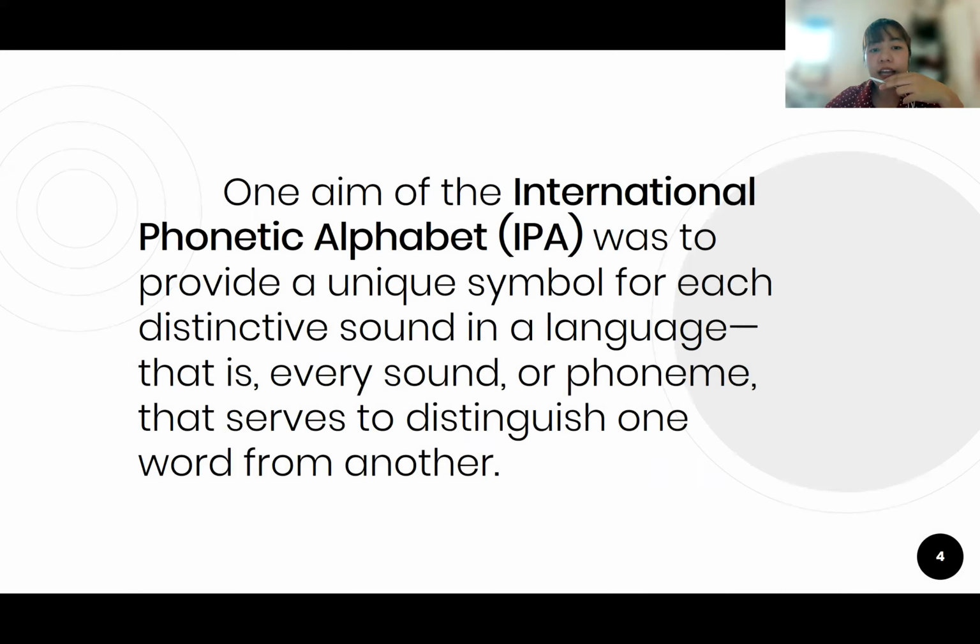So one aim of the IPA was to provide a unique symbol for each distinctive sound in a language. That is, every sound or phoneme that serves to distinguish one word from another.